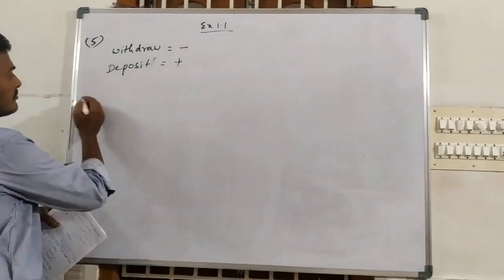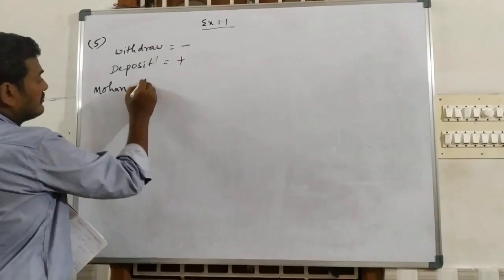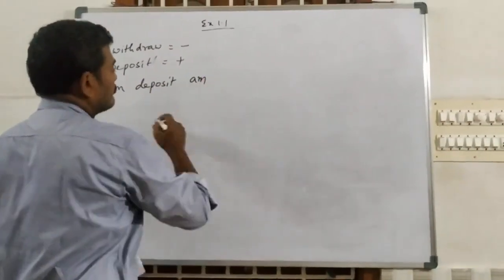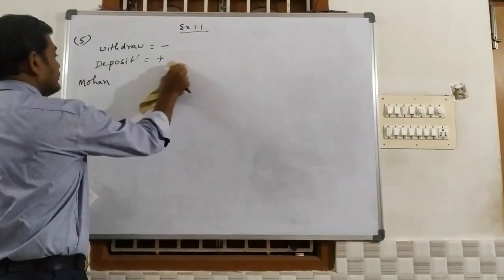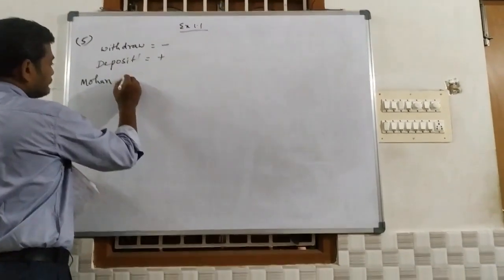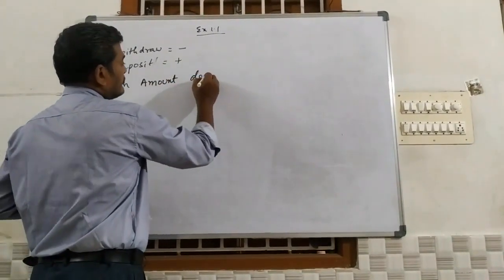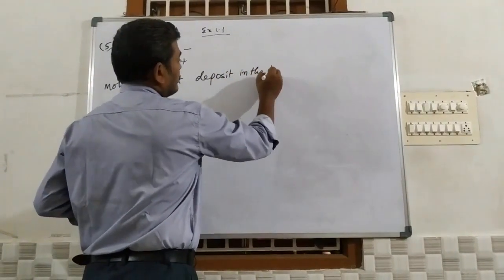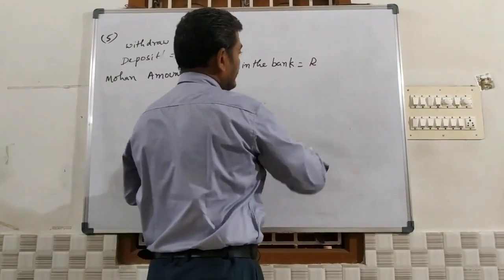Now, how much amount did Mohan deposit? Mohan's amount deposited in the bank is equal to rupees.